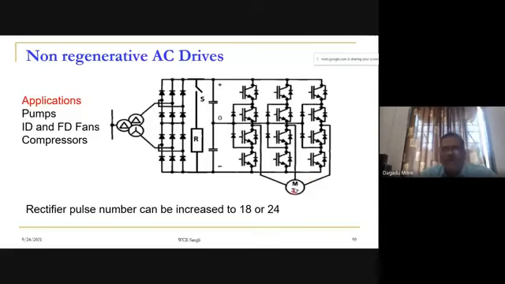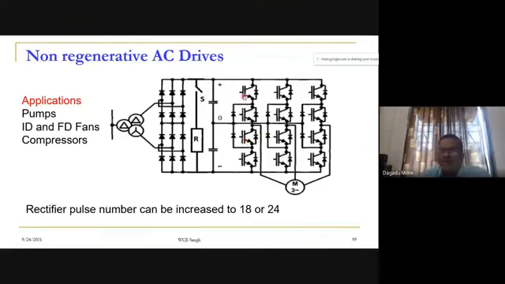Here we go for a multi-level inverter, because these drives may be rated at 3.3 kV or 6.6 kV. So these are medium voltage drives, and the capacity may be in the megawatt range. For medium voltage, megawatt range induction motor drives, we go for a multi-level inverter.